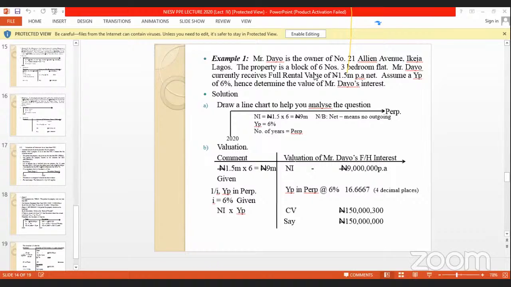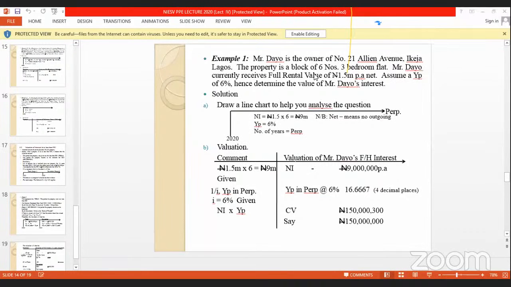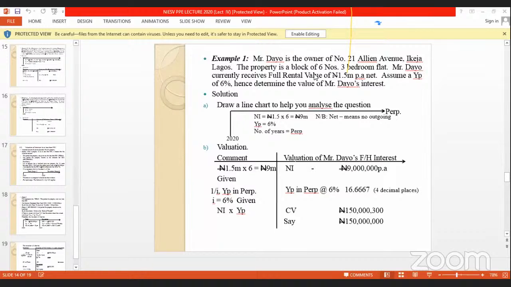Head rent is a rent that is less than full rental value. So when a landlord is collecting a rent that is less than full rental value, that rent must be valued with YP single rate.